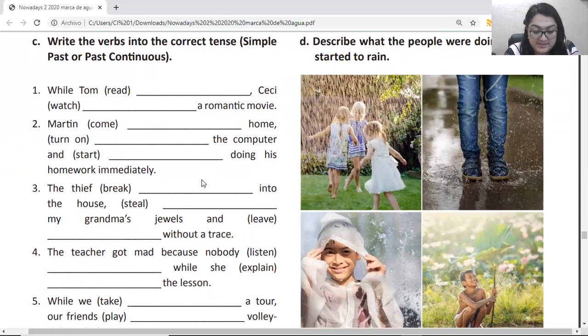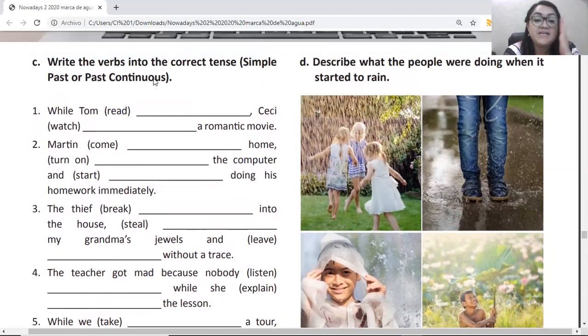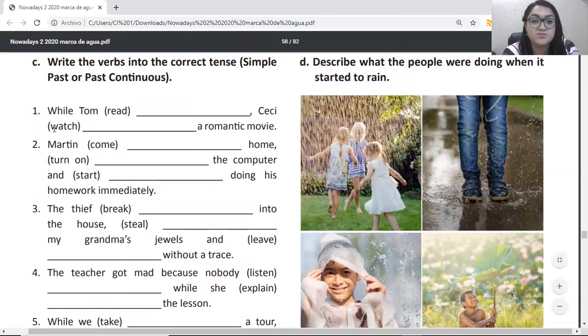Take a look, please. Very good. Write the verbs into the correct tense, simple past or past continuous.